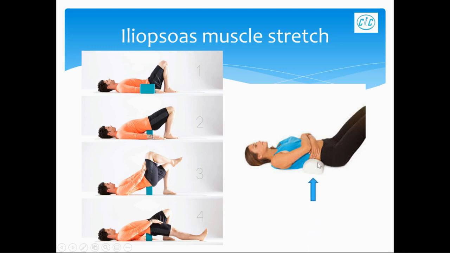Simply put the pillow right here, and that should do it. But you can make it fancier and buy blocks or something similar to put under your lower back when you're lying down to do this type of stretching and exercising.